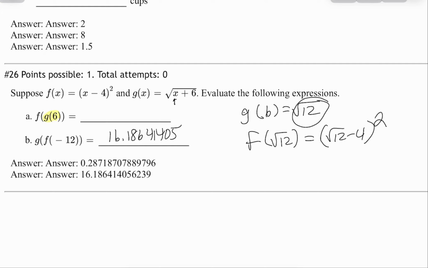I'm sorry, I only did the first one. I put 6 into G, I got 12, square root of 12, and then put that into there. This answer is so not right. I don't know what they're talking about.